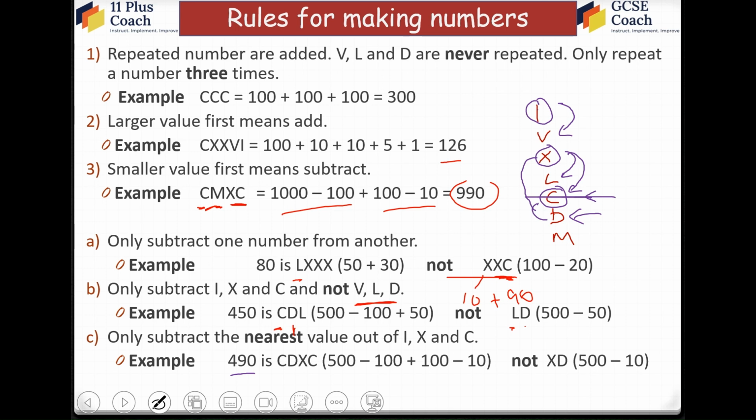So altogether will be 490. The incorrect way of writing that would be XD. Now X is 10 and D is 500. If you notice, the only thing that can be taken away from D is the letter C, not X. X is not the closest one. So you can't take away X from D to make 490. That would be the incorrect way of doing this number. So keep these rules in mind. Hopefully that will make life easier.